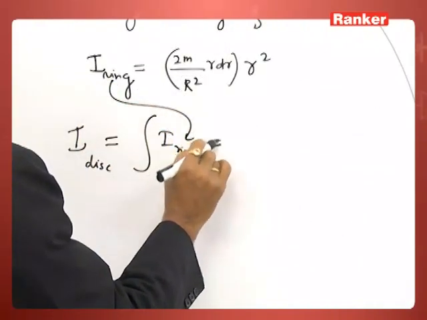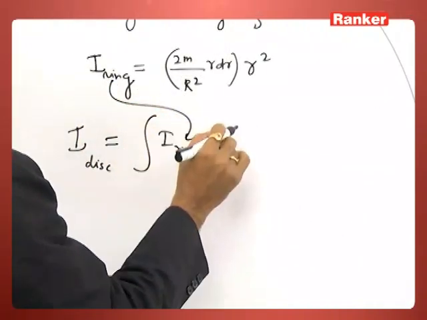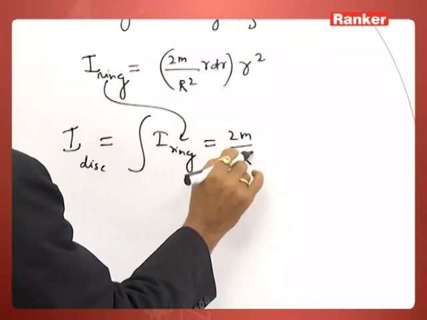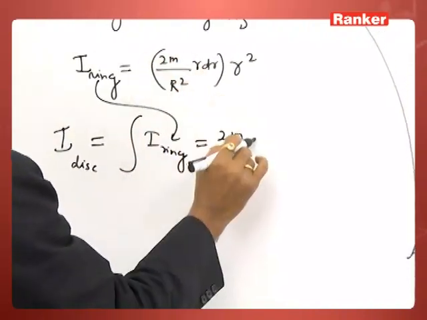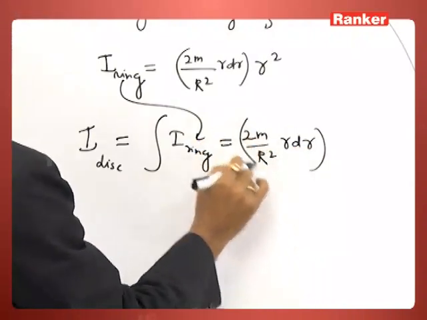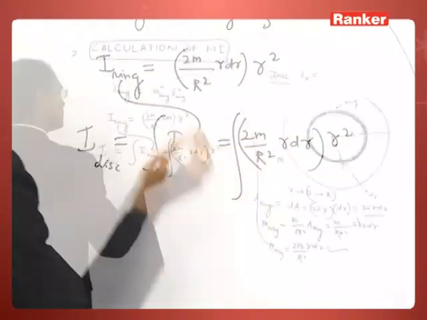Substitute here the moment of inertia of the ring, that will be 2M by R square, r dr into r square.